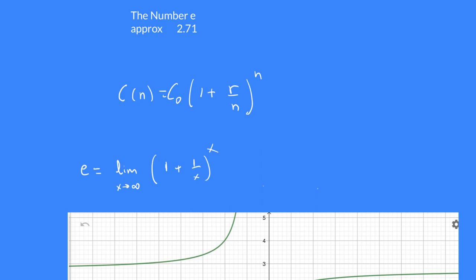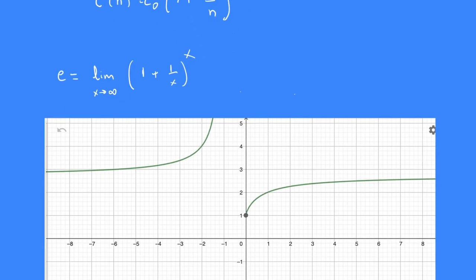And when x tends to infinity, it makes an asymptote. This is the graph of the function f of x equals 1 plus 1 divided by x, raised to the power x. When x tends to infinity, the limit tends to 2.71. This is the asymptote, 2.71.